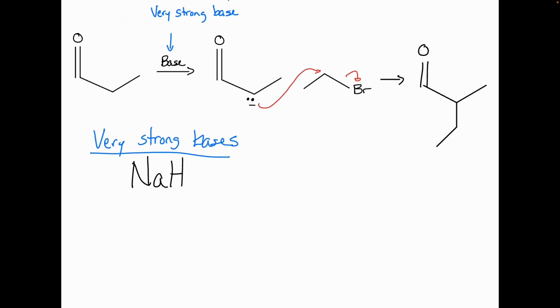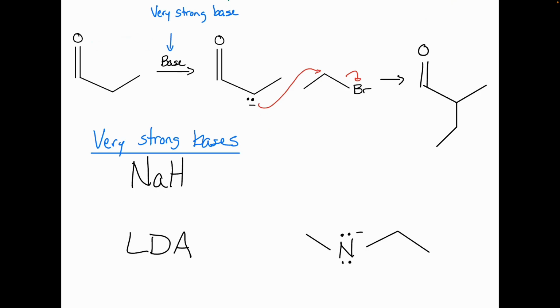All right, the other one that's commonly used is what's called LDA. And this is one of these negatively charged nitrogens, these really strong bases. But those are also good nucleophiles. So to prevent it from being a nucleophile and only a base, it's got these big alkyl groups coming off the side as well.